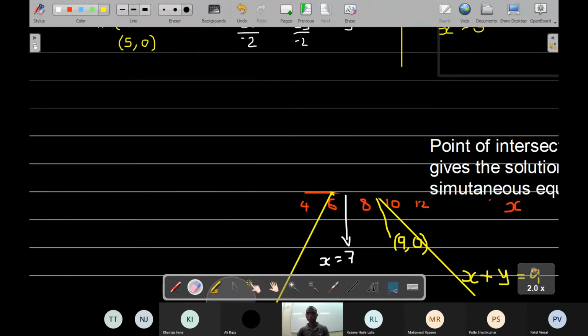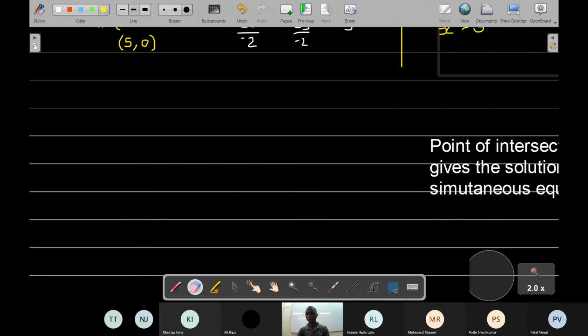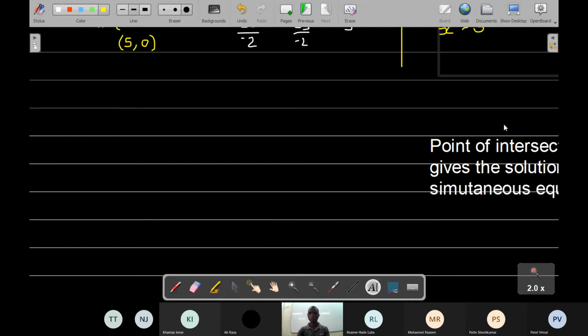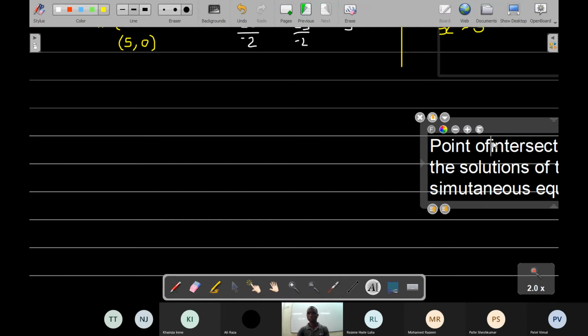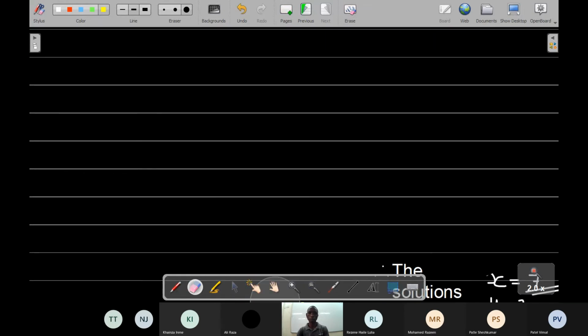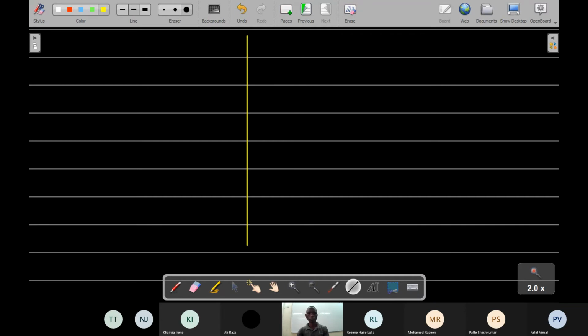So when we come to the graph, on the graph still we have our points there, which we are going to plot. I think I'll have the graph here still.